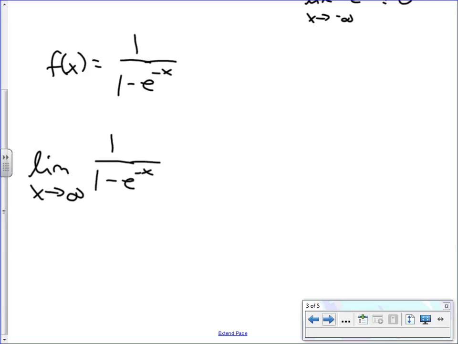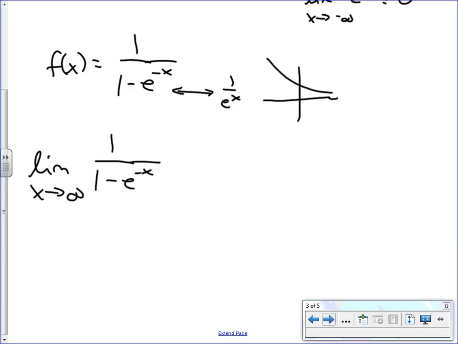Okay? All right, so we've got here this little creature, e to the negative x, which is the same thing as 1 over e to the x. And the graph of that is the flipped picture here, 1 over e to the x.